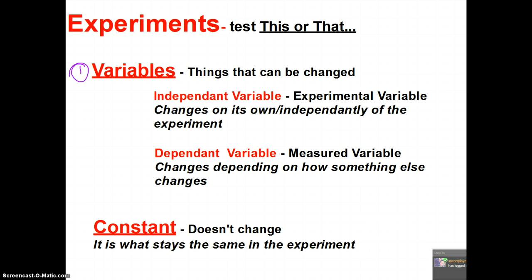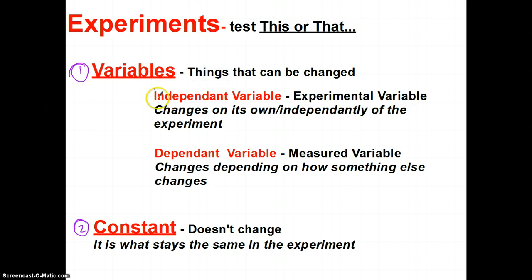That is, they change or we change them within the experiment. The constants make up most of the experiment, and those are all of the things that don't change. It's all of the things that we want to stay the same, because really what we're trying to do is to prove that something is causing something else.